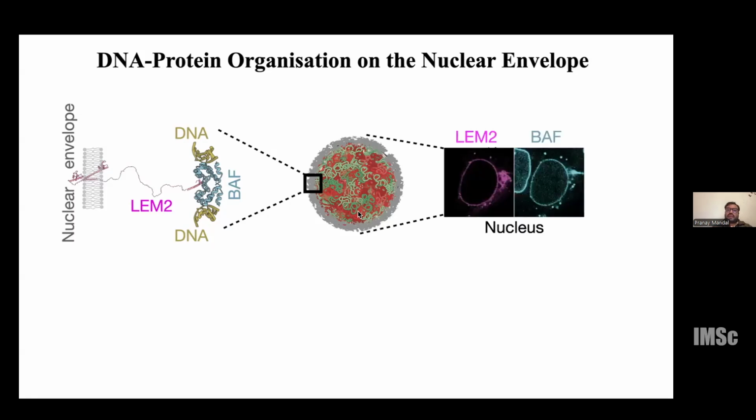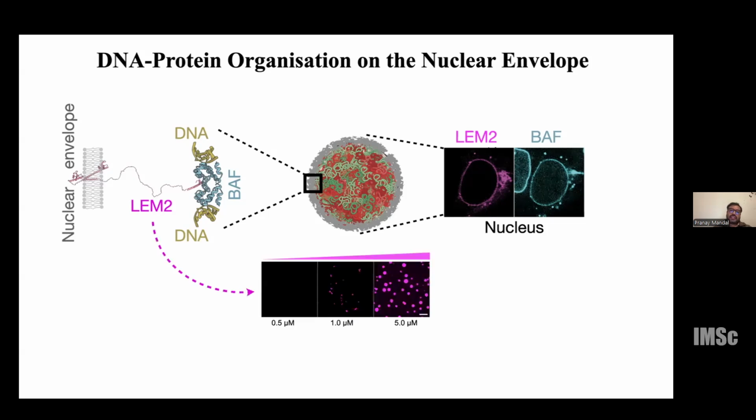If you image the whole nucleus, it is also seen that these LEM proteins are concentrated around the nuclear envelope, and BAF is also enriched along with LEM2.